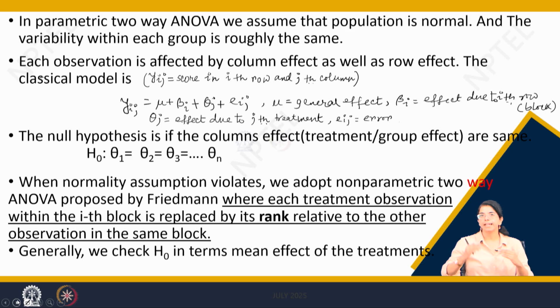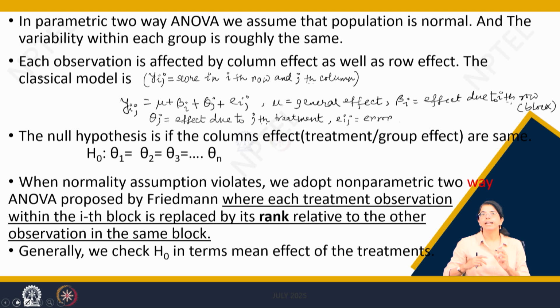As there are two types of effects already stated, the row effect and the column effect, mu is a general effect which is common to each observation. Beta i is the effect due to the ith row or ith block, and theta j is the effect due to the jth treatment.